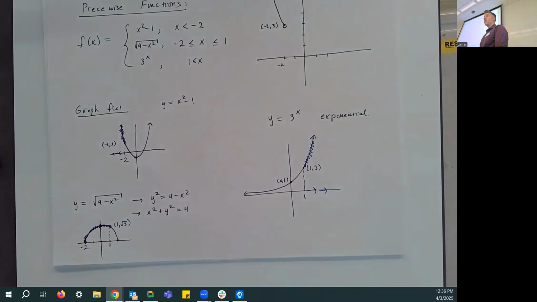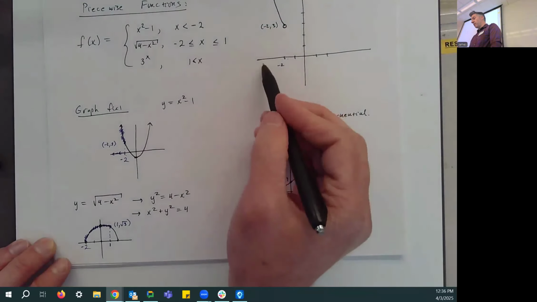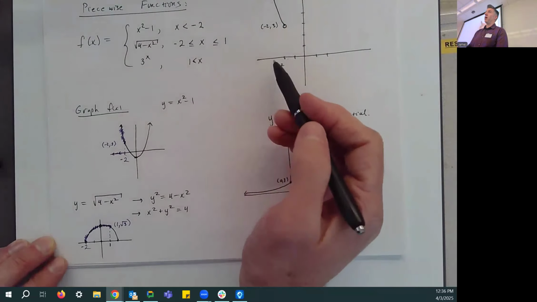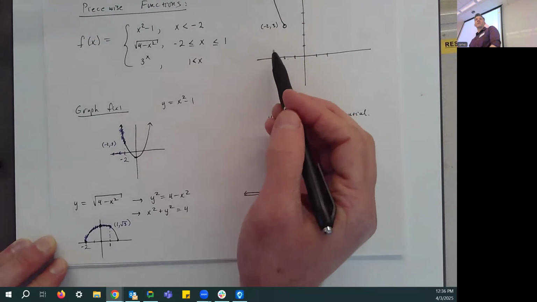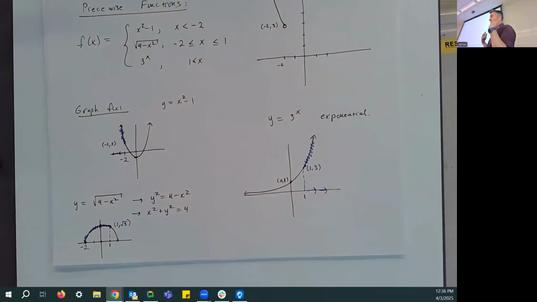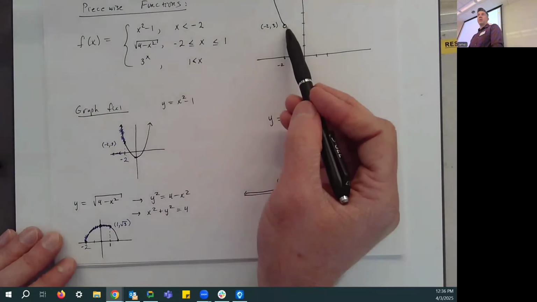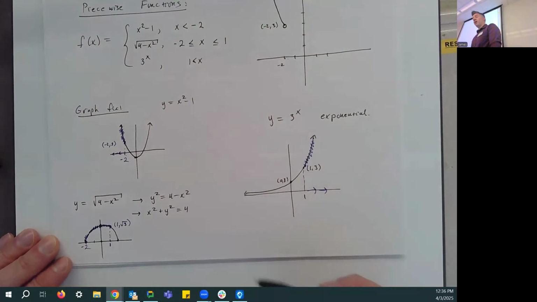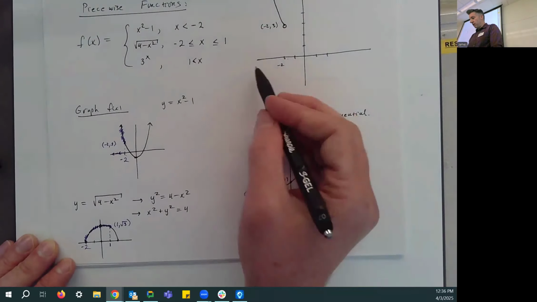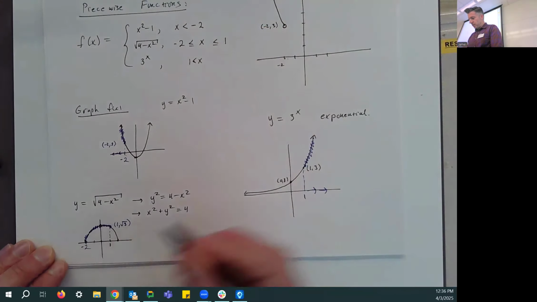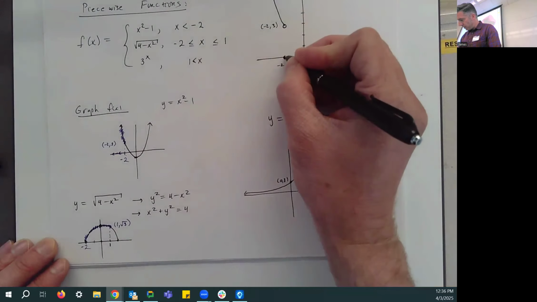It's not included. If x is closer and closer to -2 from the left, like -2.1, -2.01, -2.00001, just a little bit left of -2, the y values are getting really close to 3, but they're not actually getting to 3. And then as we move to -2, we're going to get this middle piece. So we do have this part filled in here.